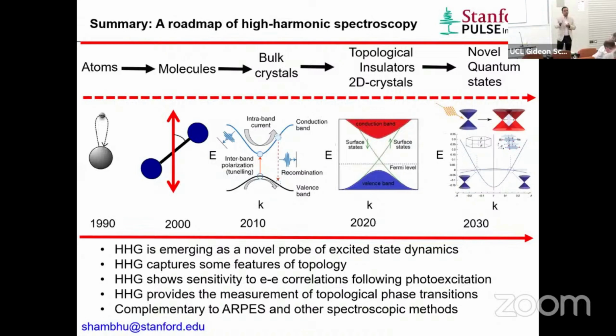So to be able to probe those non-equilibrium states, if you have the harmonics that you produce from there, and if you had a way to link the harmonic emission to these new topological states, that would be just a couple of examples of Floquet engineering. Yeah.